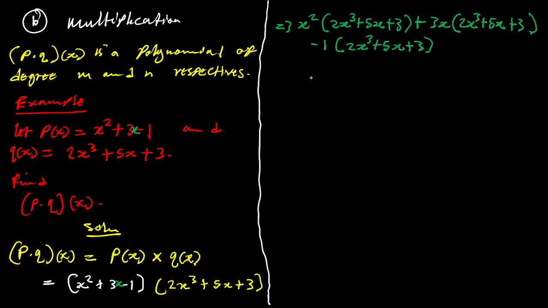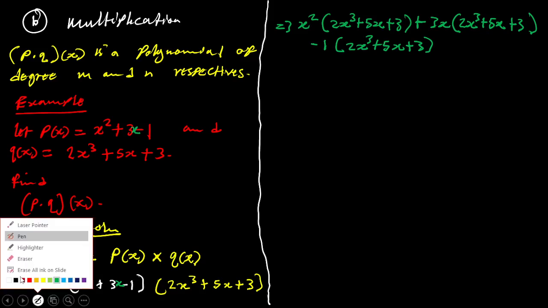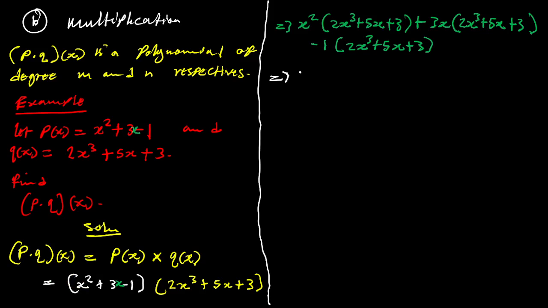Once you do that, your next part is just for you to make sure that you multiply everything there. So if we were to multiply, what are we going to have? So what we are going to have is x squared times 2x cubed. It is just 2x to the power 5. You just add the indices or the exponents. Then x squared times 5x is just going to give you 5x cubed.